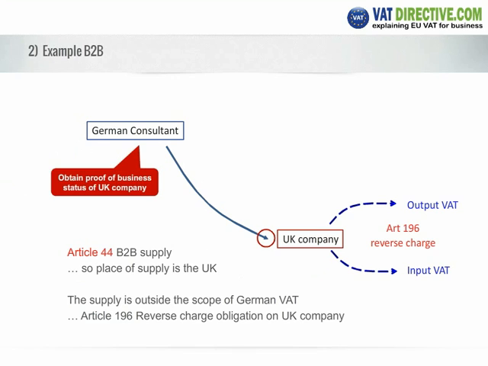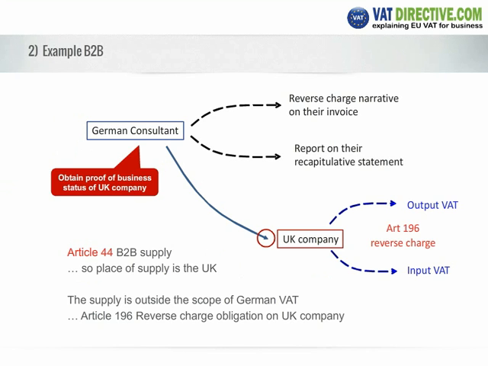Just one or two more points to make on this. On that German consultant, they've raised this invoice which they're not going to charge German VAT on. But that invoice must contain the reverse charge narrative. Effectively, it's got to put the UK company on notice that this is a reverse charge service and they must reverse charge, or at least consider the reverse charge in their own member state.